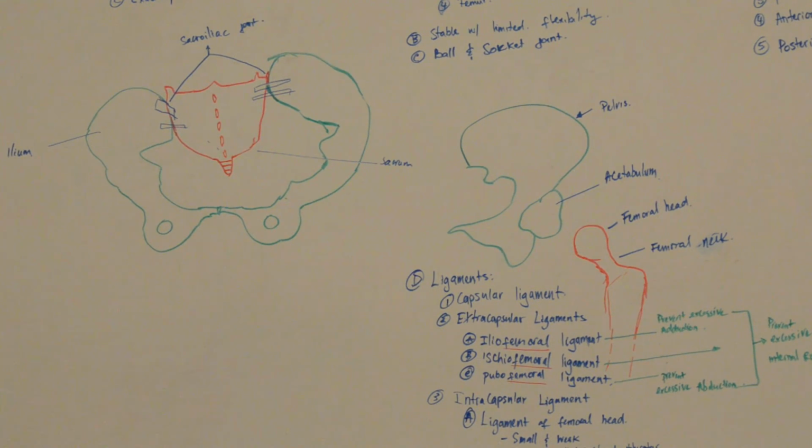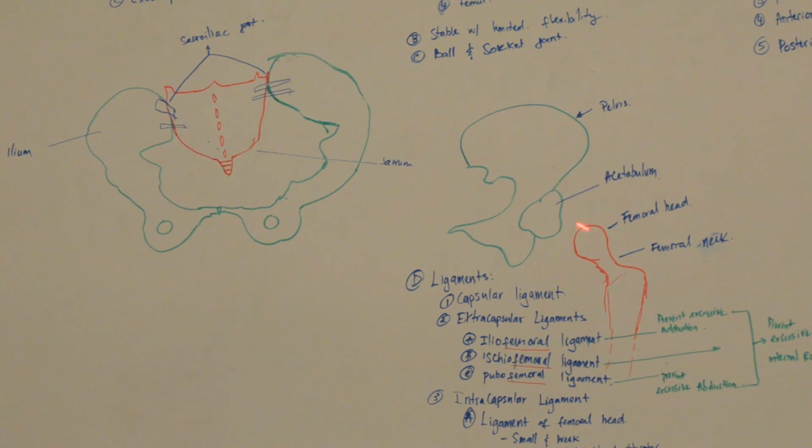However, only the iliofemoral ligament prevents excessive adduction of the joint right here. Because if we think about it, it starts from the ilium, and the ilium's right here, and it attaches to the femur right here.